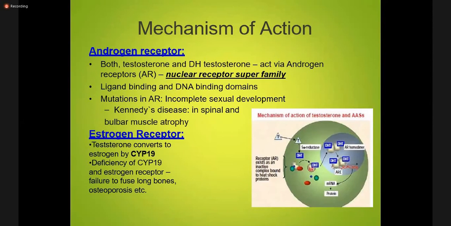How does this androgen work? Androgen receptors basically belong to the nuclear receptor superfamily. Although you know that steroids also function with this nuclear receptor, they are slow in function. You have fast channels like ion channels, and you have G protein coupled receptors, which you have discussed.